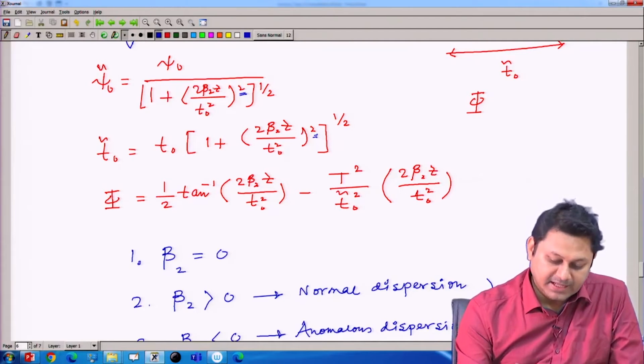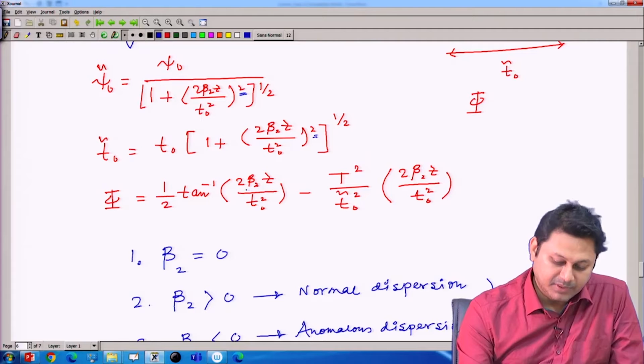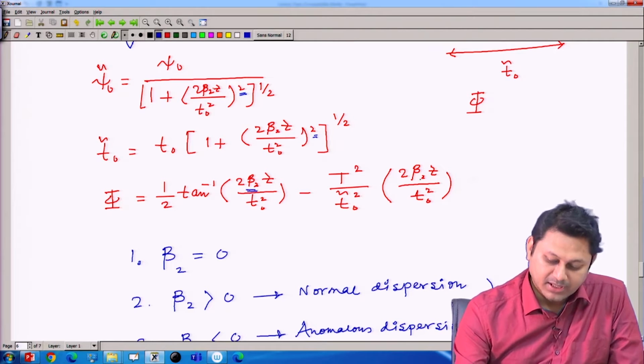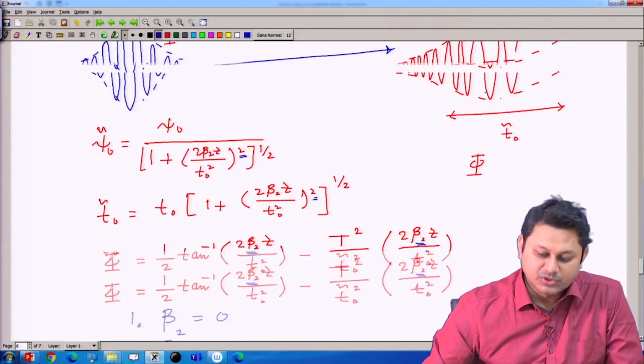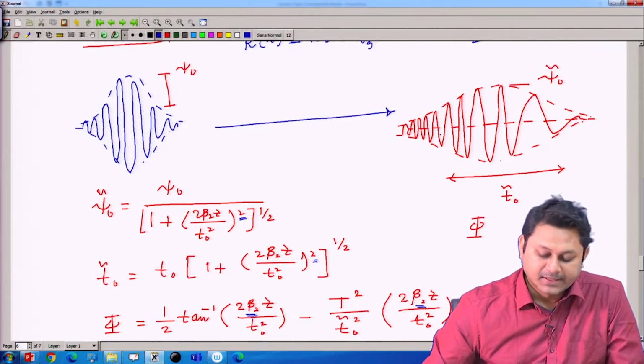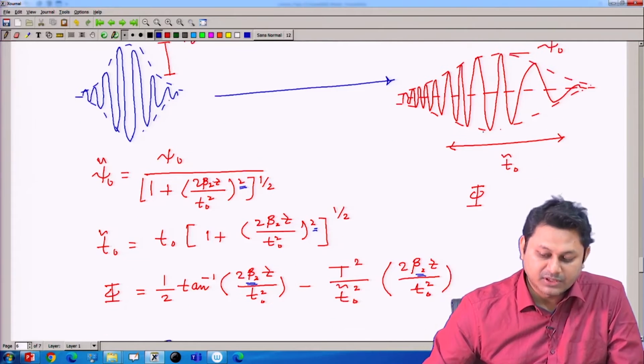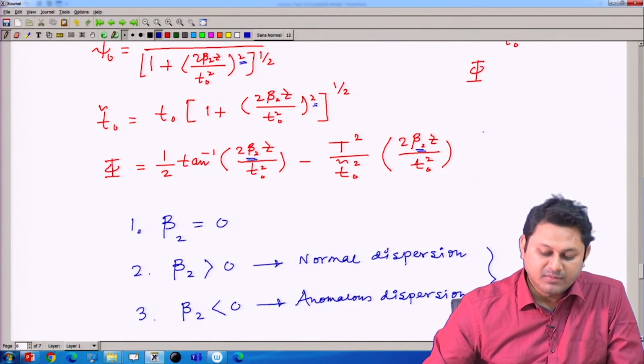However, you can see here that beta 2 is sitting in such a way that it depends very much on the sign. That means the distribution I just talked about, the frequency distribution inside the pulse, depends very much on the value of beta 2.